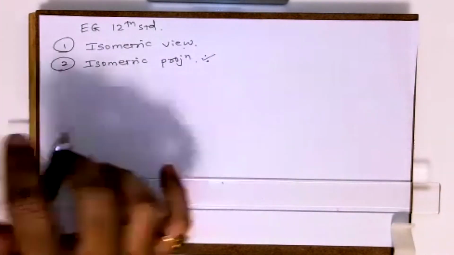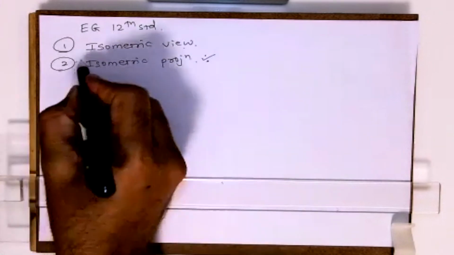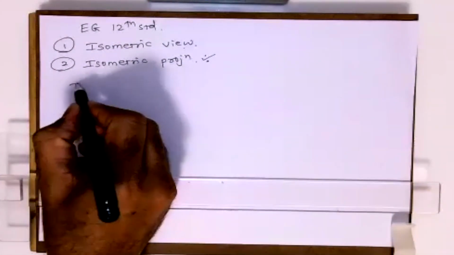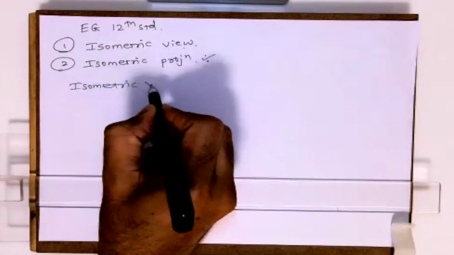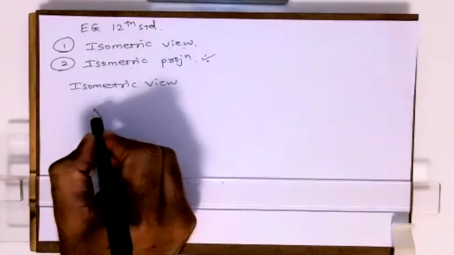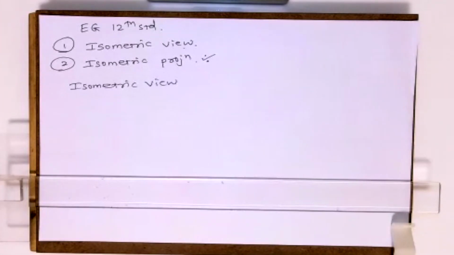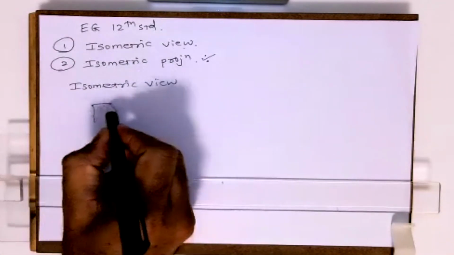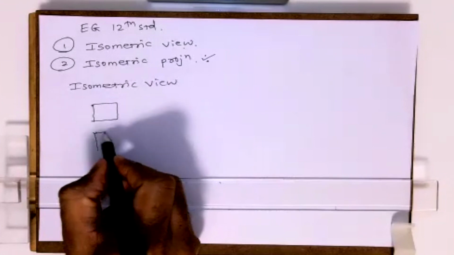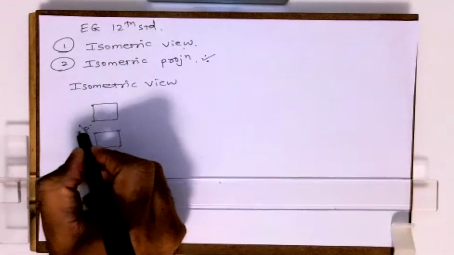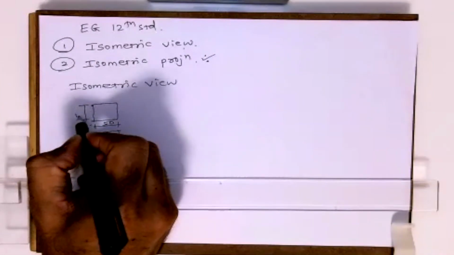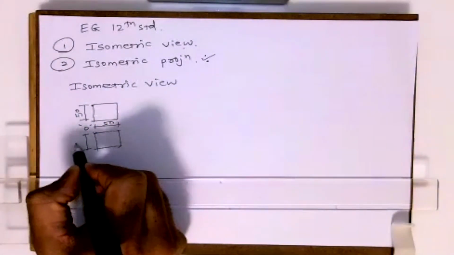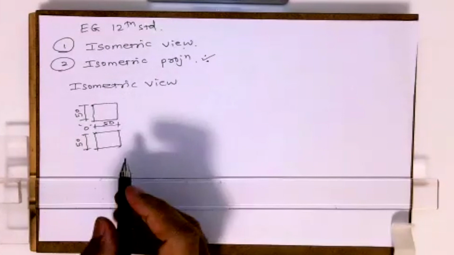See, I'll give you one example. Let's say I ask you to draw an isometric view, and I give you one block like this. Let's say this is 50, 50, 50, right?